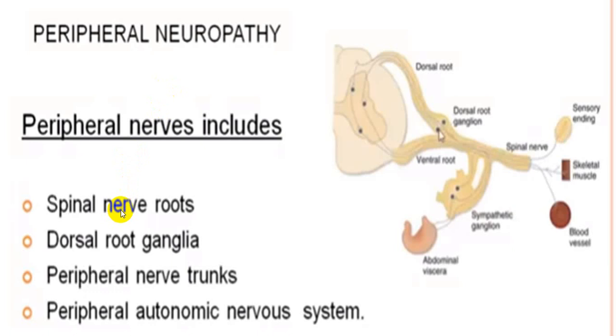Peripheral nerve consists of spinal nerve roots, dorsal root ganglia, ventral root, common spinal nerve, then all the spinal nerves get together to form a plexus, and from the plexus we get the peripheral nerve trunk, and then it divides into three groups of fibers: one which supplies skin we call sensory nerve, one which supplies motor fibers to skeletal muscle we call motor nerve, and one which supplies the blood vessels we call autonomic nervous system.